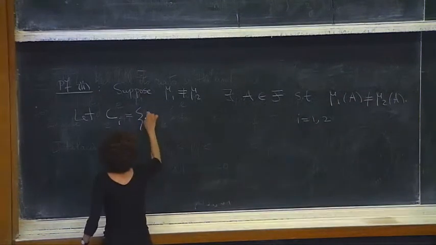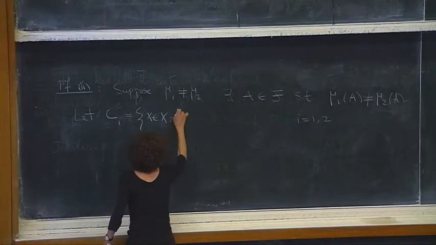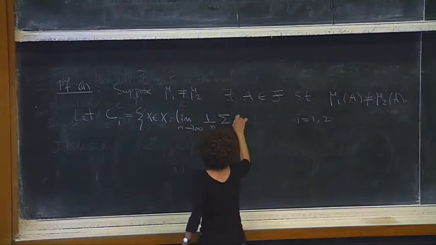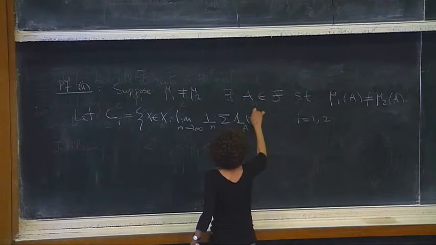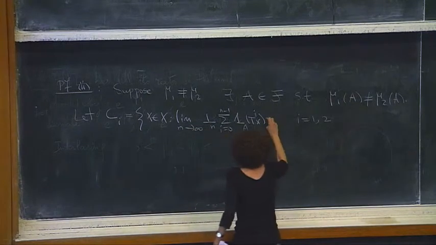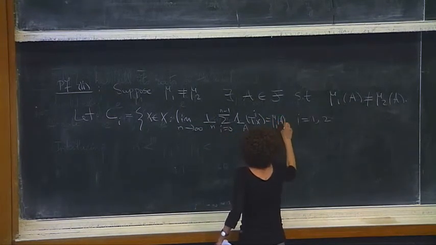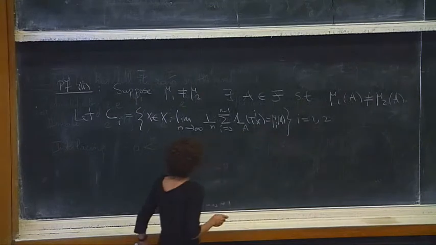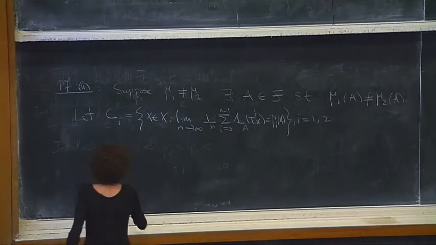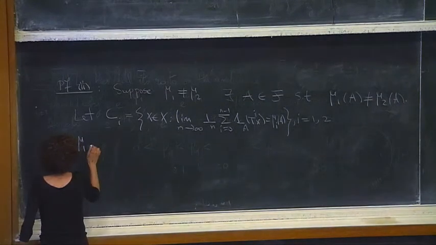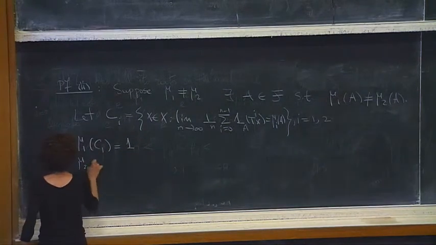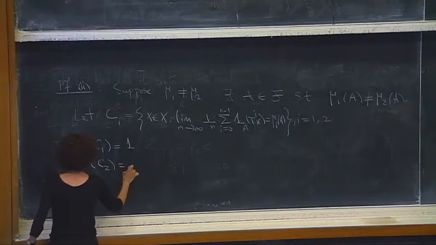Define C_i to be the set of points for which the limit of the ergodic averages of the indicator function of A equals mu_i of A. So by ergodicity of mu1 and mu2, I know that mu1 of C1 is 1, and mu2 of C2 is 1.